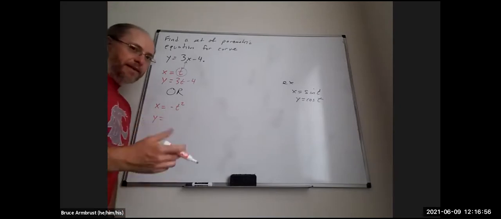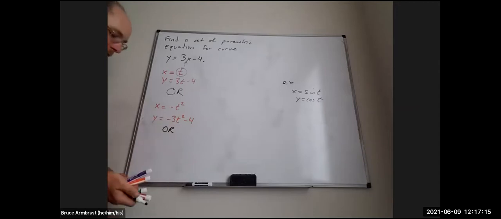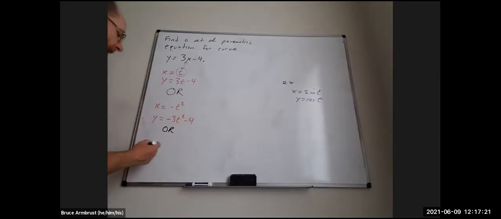Okay, so now I'm just making stuff up, but I'm going to do the same thing. I'm going to plug this in for x, so y is going to be minus 3t squared minus 4. Or let me give you one more. What if I let x equal e to the t?